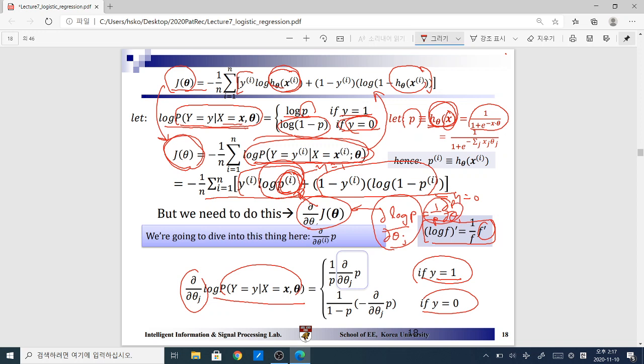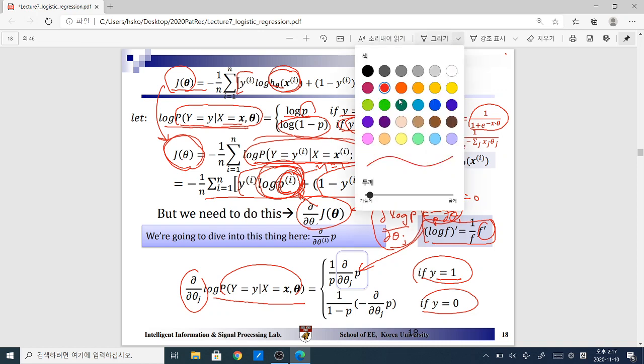So this is equal to this for this case, and also for the negative case, which is the second term.